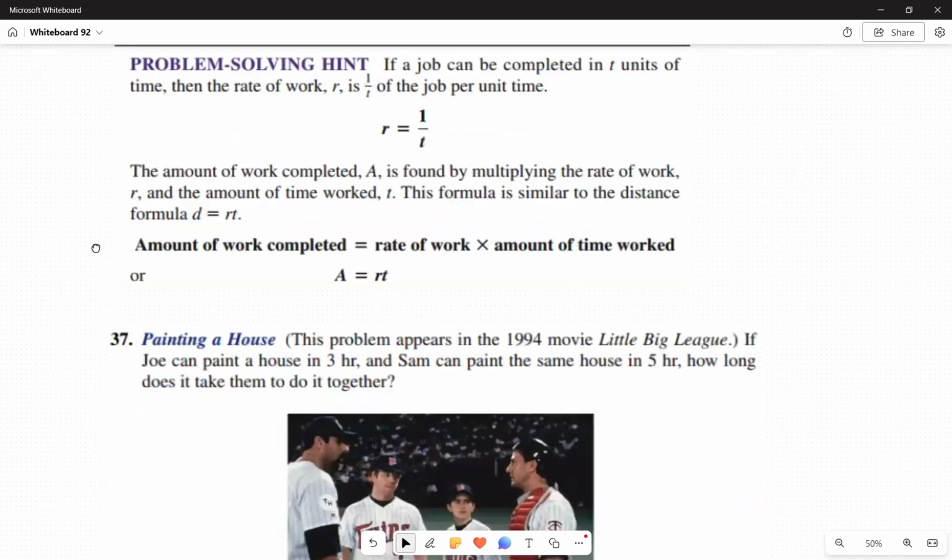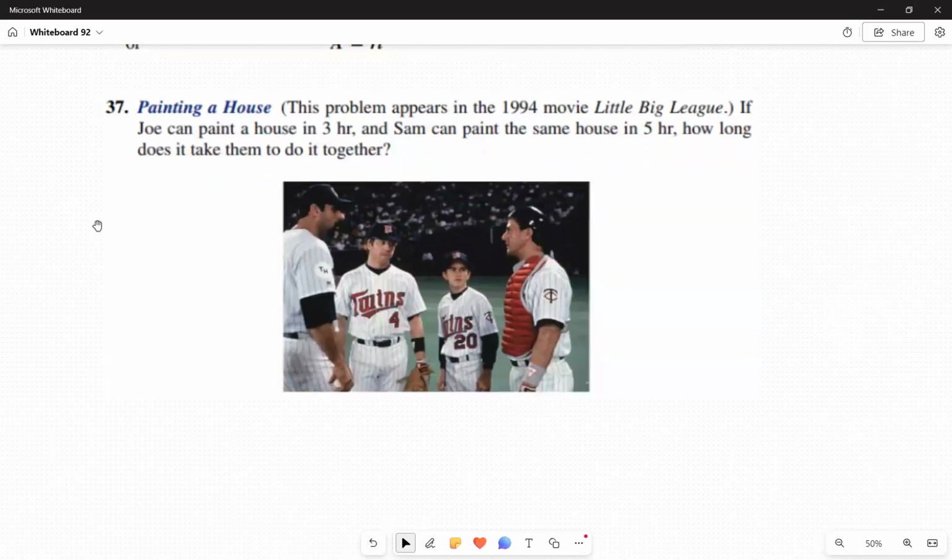We're going to do this example about painting a house. If Joe can paint a house in 3 hours and Sam can paint the same house in 5 hours, how long does it take them to do it together? So we're going to make a table.